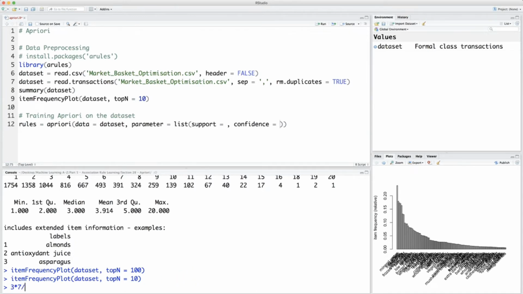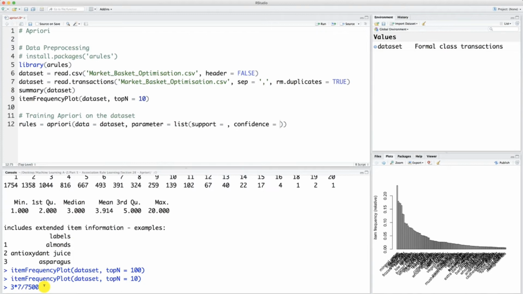And now we need to divide by the total number of transactions to get this minimum support. And the total number of transactions is actually 7,500. And this value here that we're about to compute is nothing else than the support of a product that is purchased 3 times a day.